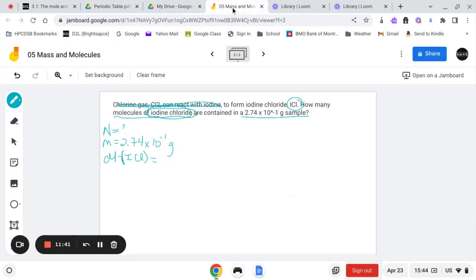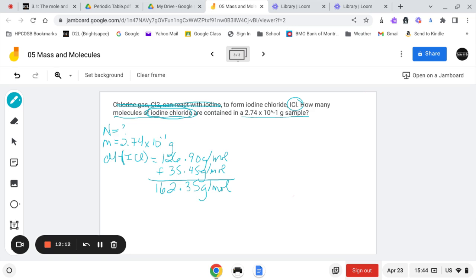I only have one atom of each, so we're going to add those up. 126.90 grams per mole, and I'm adding on 35.45 grams per mole. So 126.9 plus 35.45 gives me 162.35 grams per mole.